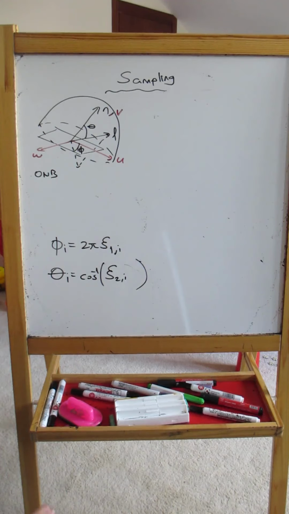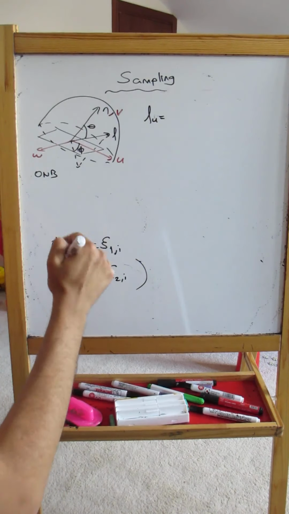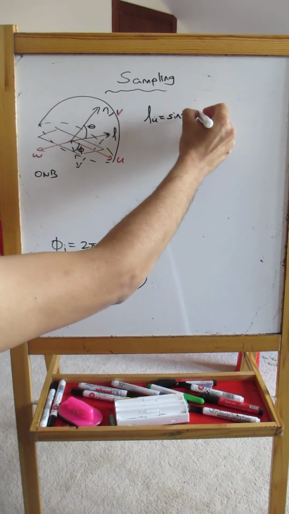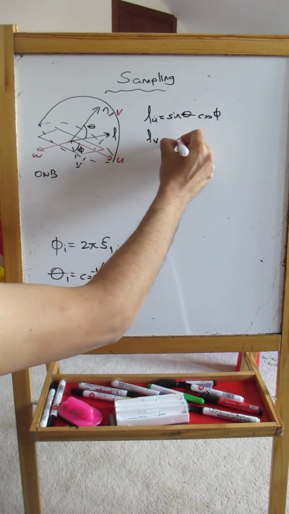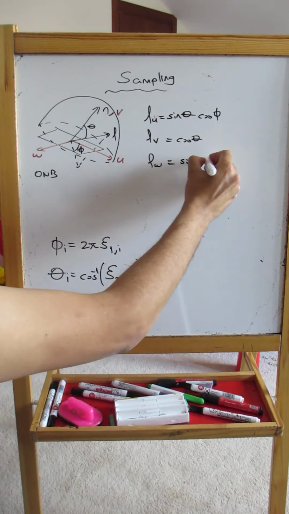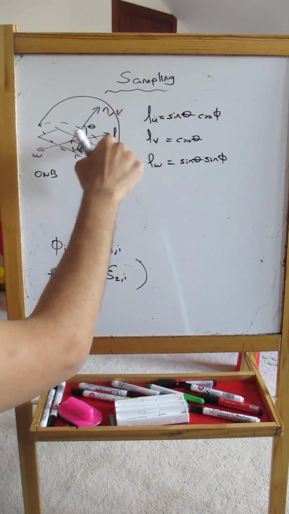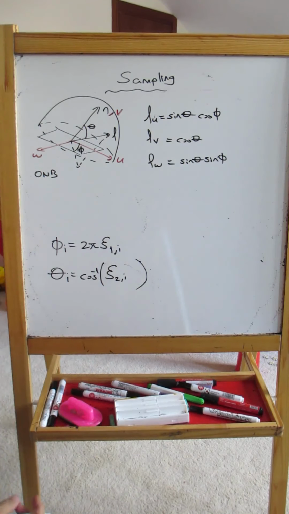The u component of L, Lu, is going to be sin theta cos phi. Lv is going to be cos theta, and Lw is going to be sin theta sin phi. So the components of the L vector with respect to u, v, and w vectors are like that.